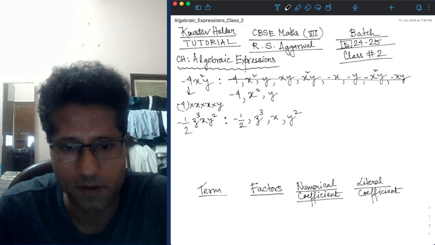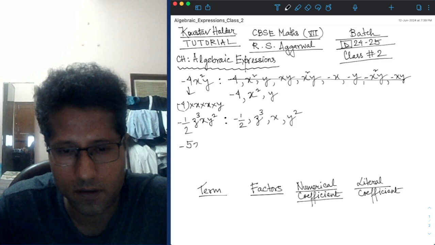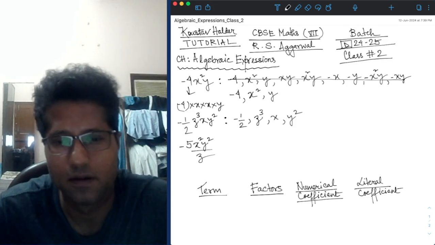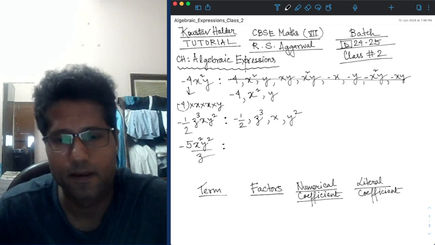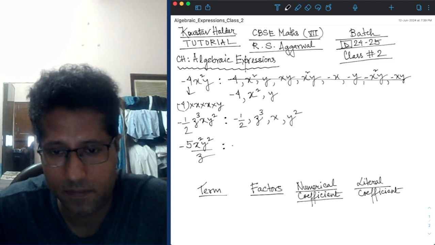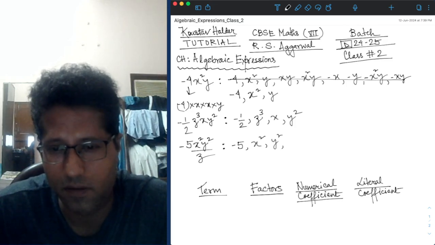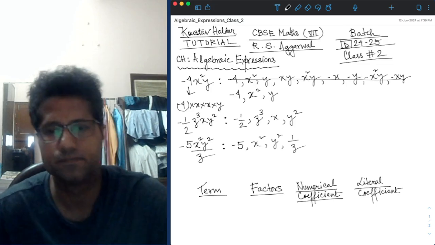Let's take another example. Minus 5 x square y square by z. Over here the factors are minus 5, x square, y square and 1 by z.